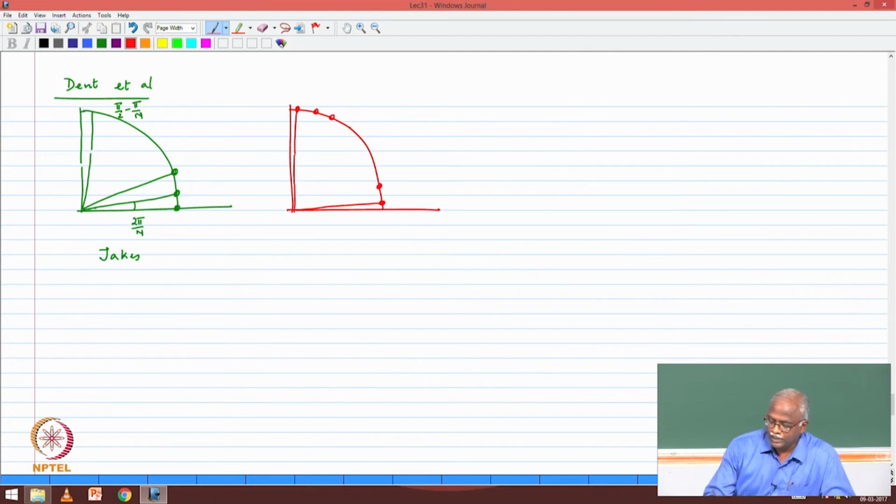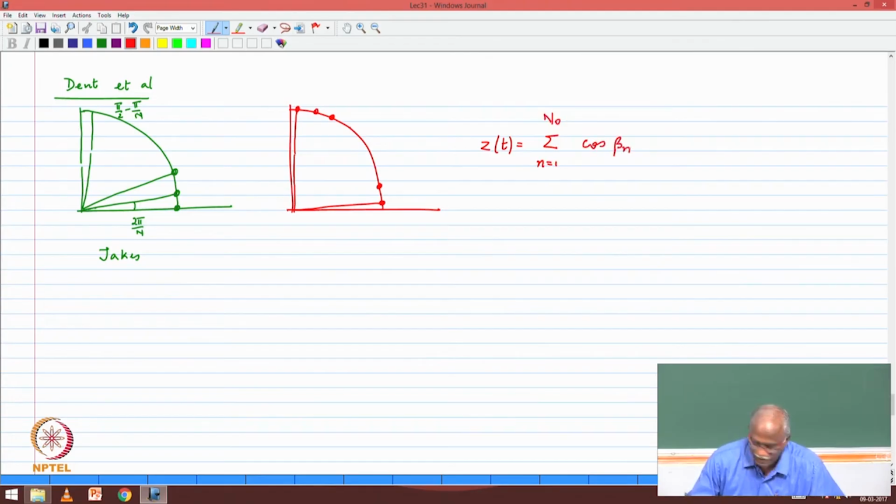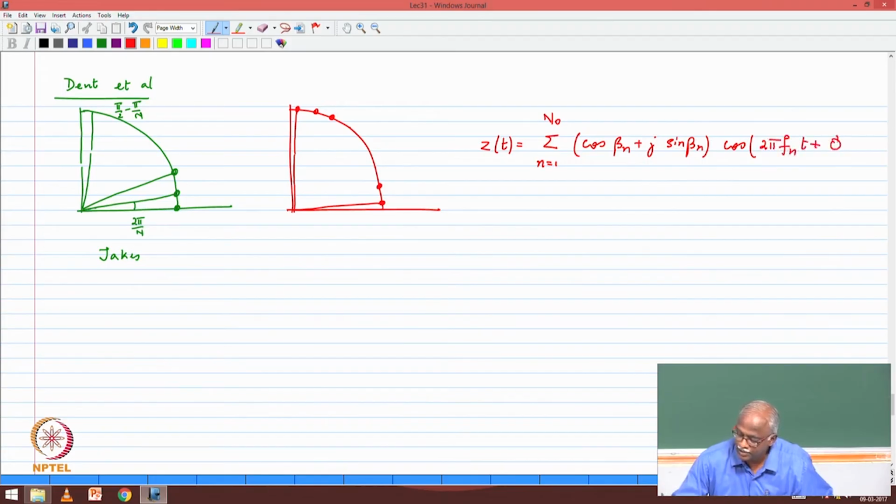Okay. Now the difference is in the approximation that they have proposed to the Bessel function: you can now write z of t equal to the sum from n equal to 1 through n naught of cosine beta n plus j sine beta n, into cosine 2 pi f n t plus phi n.